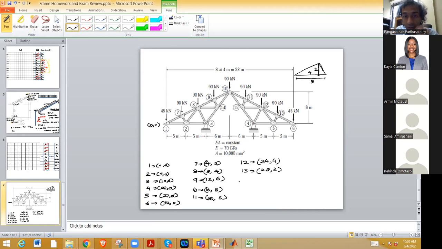Okay. Now number 14. Number 14 is here. Okay. Let's see. Number 14, height is same as number 12, so 4. And number 14 is midway between these two. Let's see, is it midway or not midway?